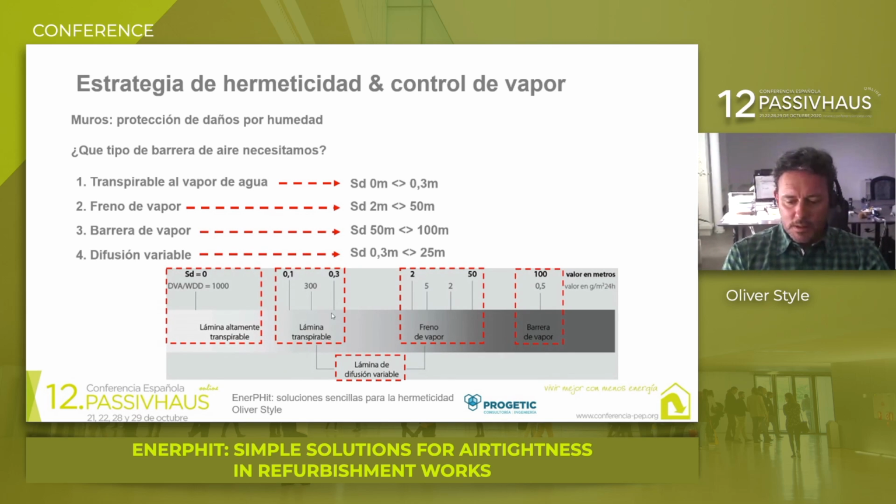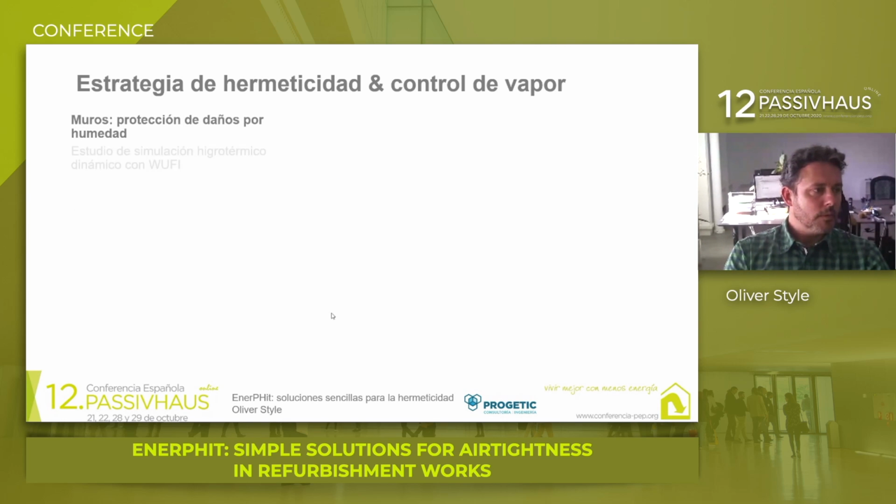So through this analysis, we were able to identify these solutions that offered greater security and certainty regarding protection against humidity damage, which is always delicate when insulating internally on the interior in solid walls exposed to rain.